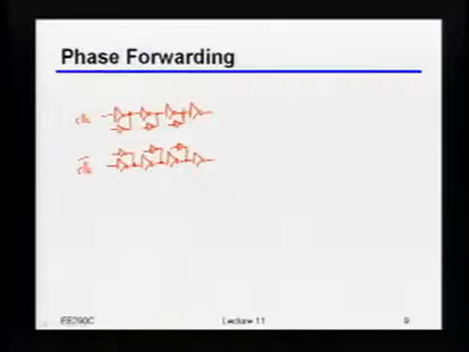If this is 180 degrees, or at least logically inverted from this one, then this should also be logically inverted from this one. Logically, ignore the delays for a second. So what if instead of grabbing that output, I grab this one and connect it over like that, and similarly, I grab this one and connect it over like this?